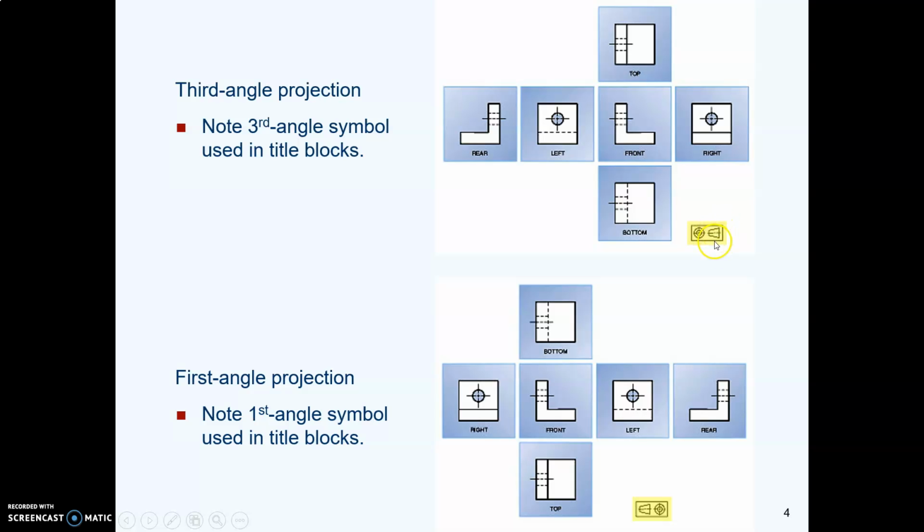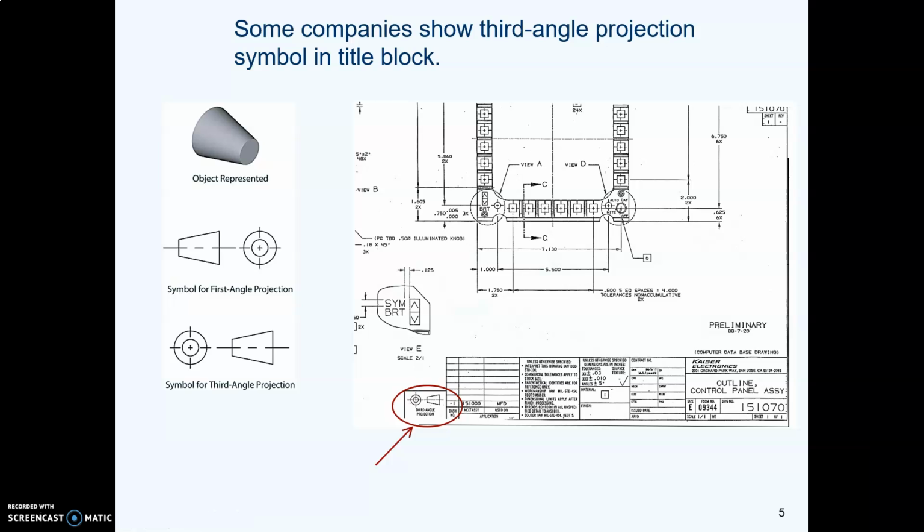It's a tapered round thing with a hole through it, and in the system that we use with the glass box, here is what the front and side view would look like. Down at the bottom, in the first angle projection, in their version of the glass box, here is what the front and side views would look like. And you'll notice they're quite different from what we are accustomed to.